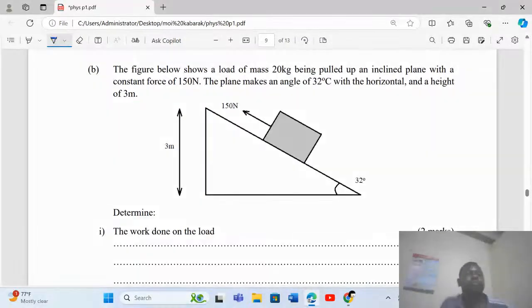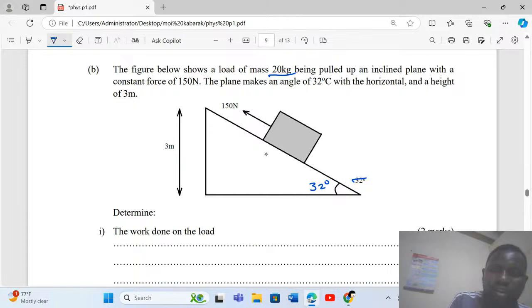The figure shows a load of mass 220 kg pulled up an inclined plane with a constant force of 150 newtons. The plane makes an angle of 32 degrees with the horizontal and a height of 3 meters. Then now you're told, determine the work done on the load.